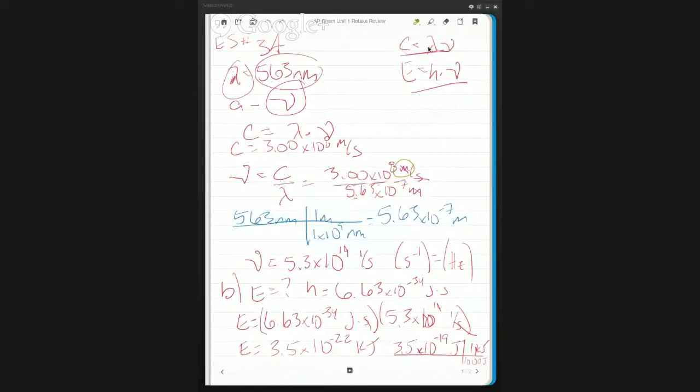The relationship between wavelength and frequency is inversely proportional. As the wavelength goes up, the frequency goes down. And as frequency goes down, so does energy, because they are directly proportional. Being able to identify that would be good.